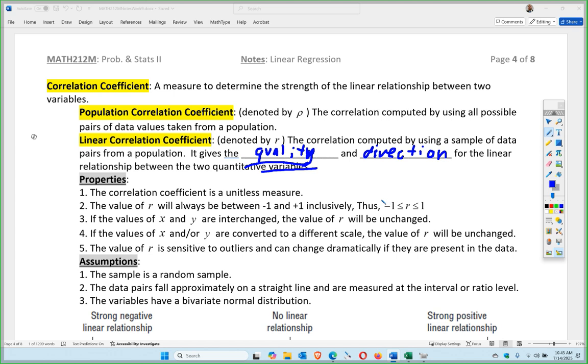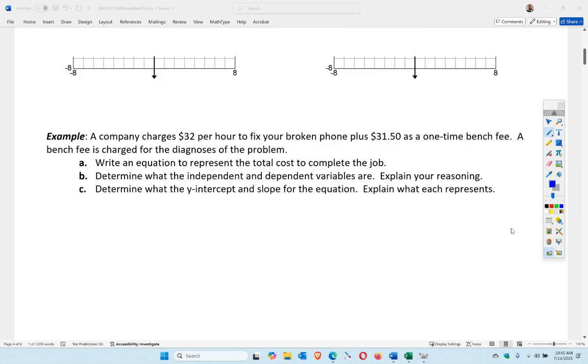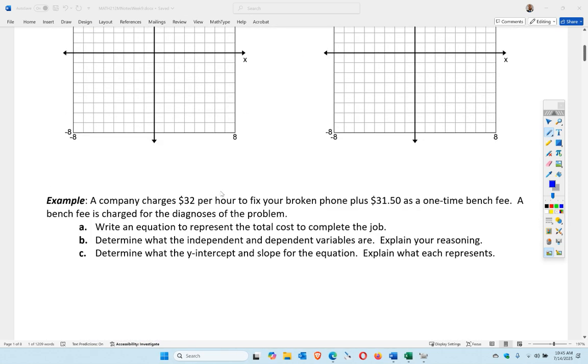Okay, so the values are between -1 and 1. Unless you're a perfect algebra 1 problem, you're not going to get 1 or -1. Those are perfect models. Like the one we did before on page 1, fixing a broken phone. That's a perfect linear model, basically a perfect positive 1.